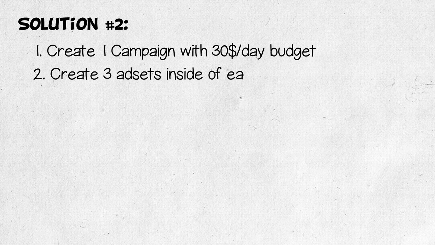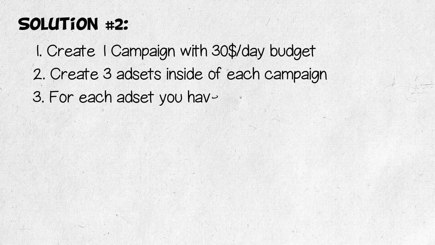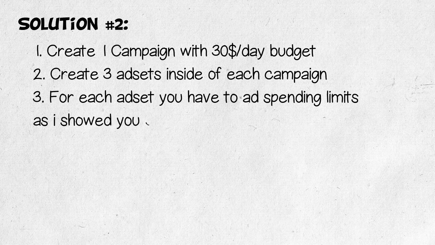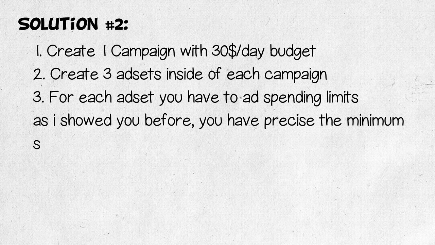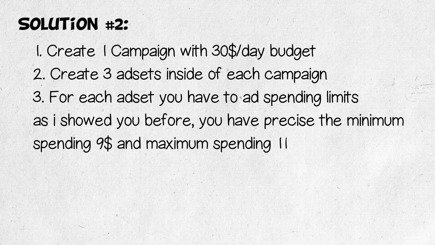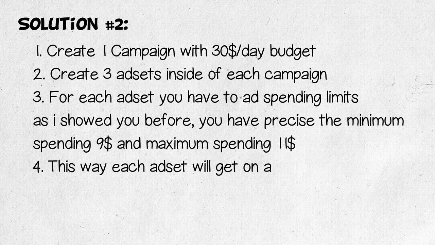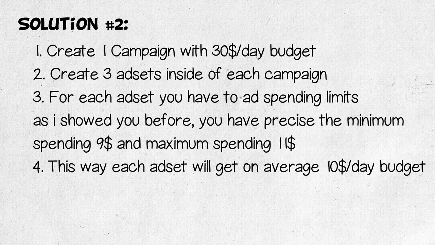My second solution consists of creating 1 campaign with $30 per day budget and creating 3 ad sets inside of this campaign. And for each ad set, you have to add spending limits as I showed you before. You have to specify the minimum spending as $9 and the maximum spending as $12. This way, each ad set will get an average $10 per day budget.